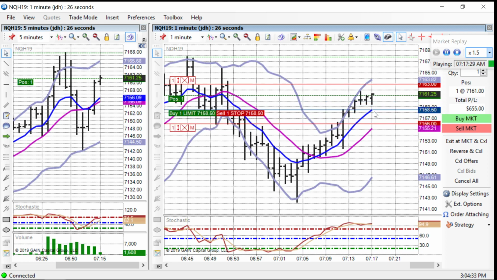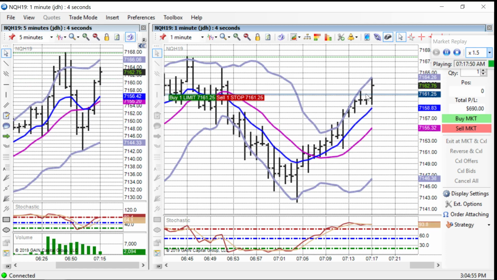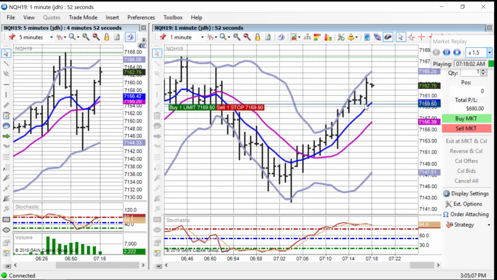Even though I don't like it because it didn't come back and hit that line, sometimes in a stronger trend you're not going to get that pullback all the way. So what I did is I broke above support here. I took the trade there. I don't mean support, I mean resistance. The resistance of that bar there, and the support would be the bottom.